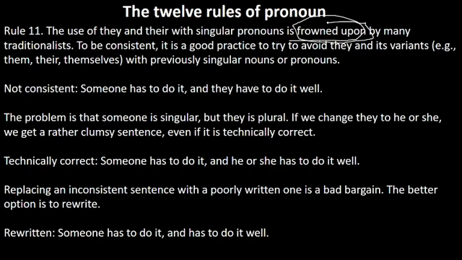To be consistent, it is good practice to try to avoid "they" and its variants, e.g., "them," "they," "themselves," with a previously singular noun. So please just try to read this rule by yourself and try to understand it. Maybe you can get what is in there, okay? Not consistent: "Someone has to do it, and they have to do it well."